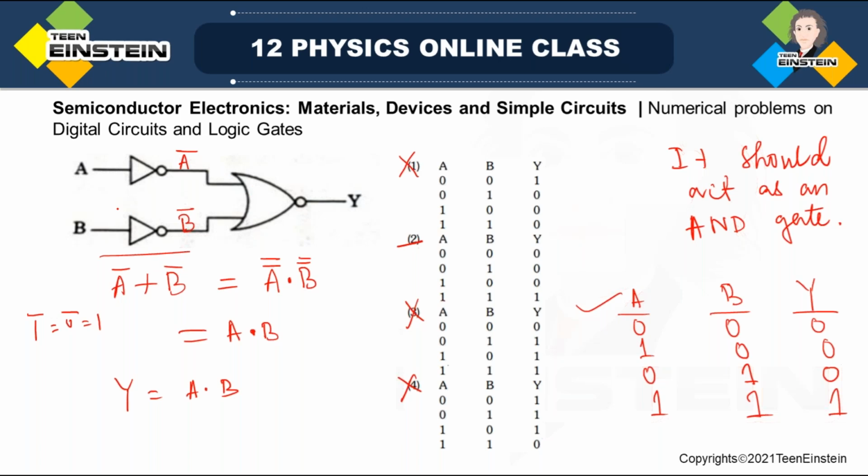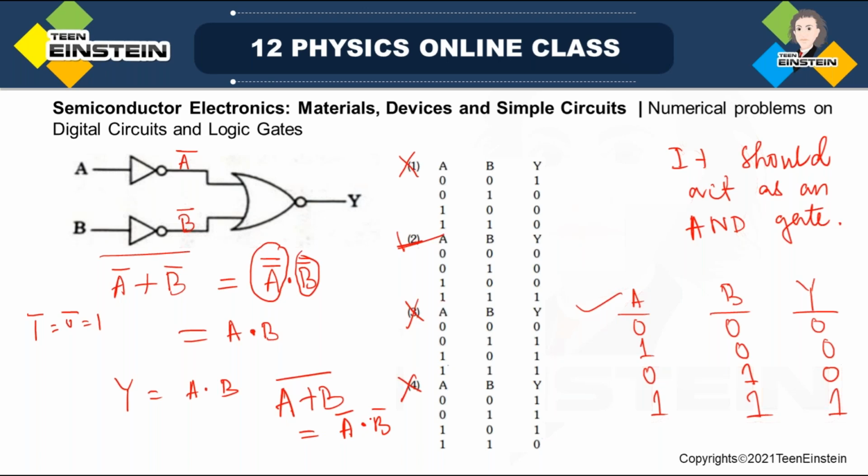All right, so this is how you can solve problems. So I think you have learned this one as new. See one thing, Deepa, you have to remember, when I have A or B whole bar, you can break it as A bar and B bar.